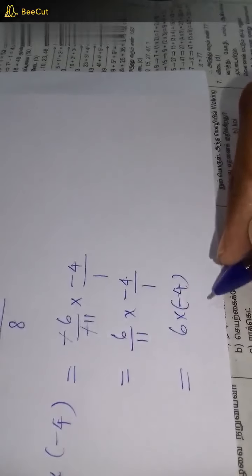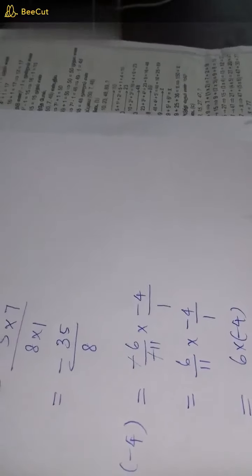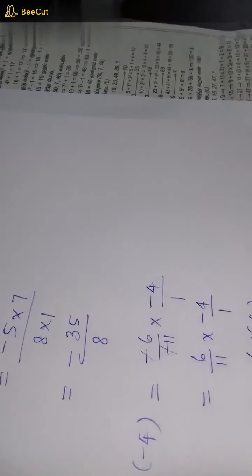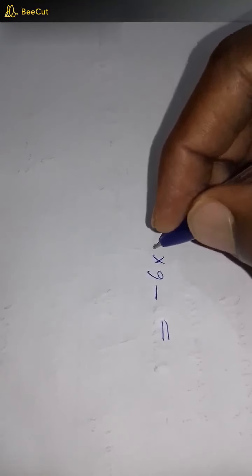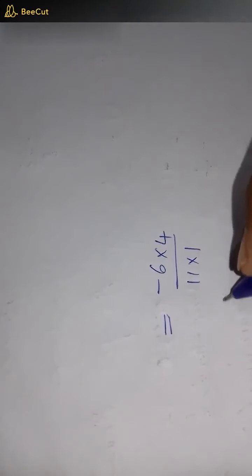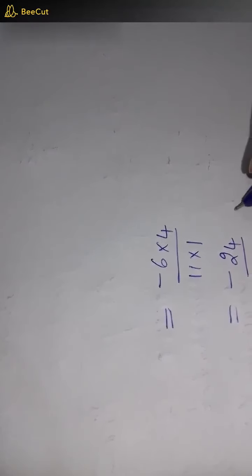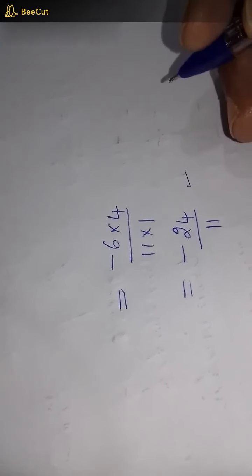So this can be written as 6 into minus 4 divided by 11 into 1. Okay, dear students, that is equal to minus 6 into 4 divided by 11 into 1, that is equal to minus 24 divided by 11. Okay, which is the answer.